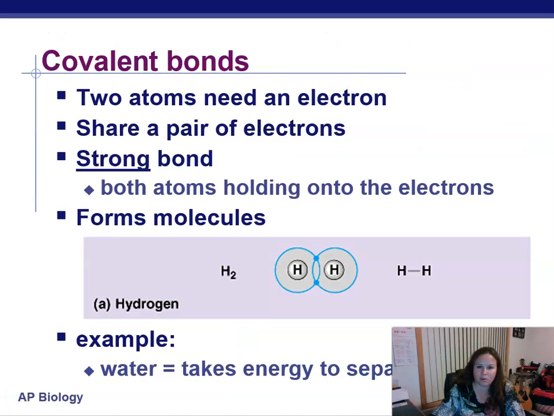All right, then you learned about covalent bonds. These are our strongest bonds, very important bonds that hold biomolecules together. Those big macromolecules like proteins, nucleic acids, carbohydrates, and lipids.